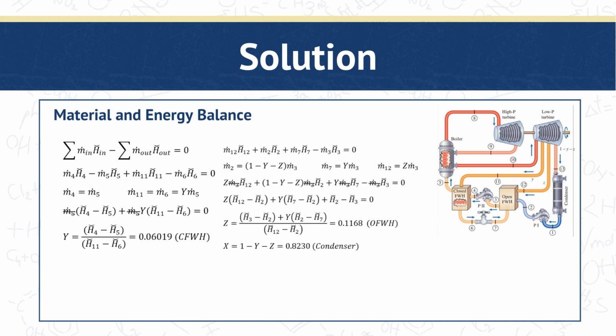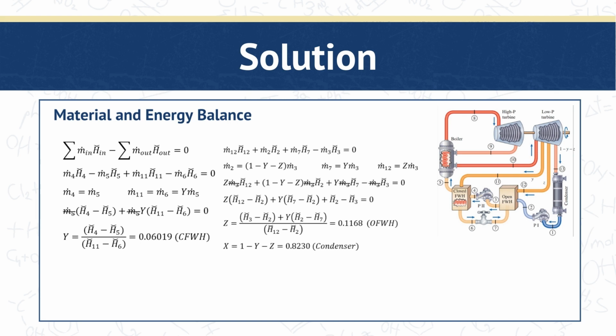And from that, we can calculate the fractions of the extraction from the turbine, which are stream 11, stream 12, and stream 13. So again, as I have mentioned, we need to get the material and energy balance. What goes in minus what goes out is equal to 0. So first, we need to consider the closed feed water heater, which has only 4 streams: M4, M5, M11, and M6.